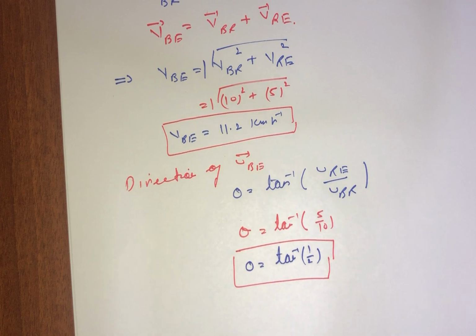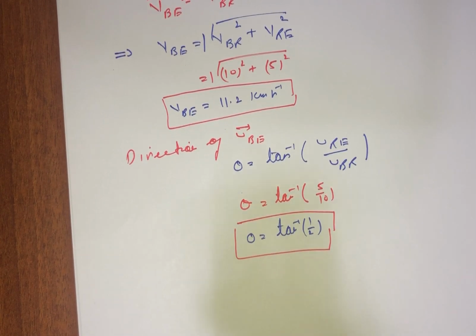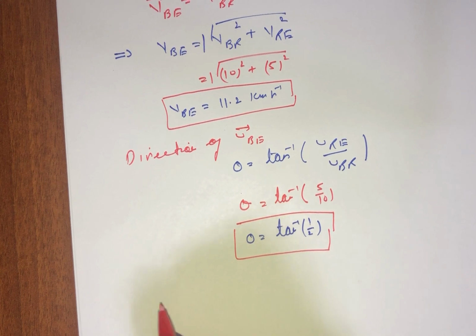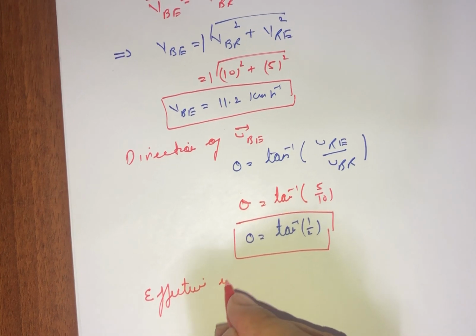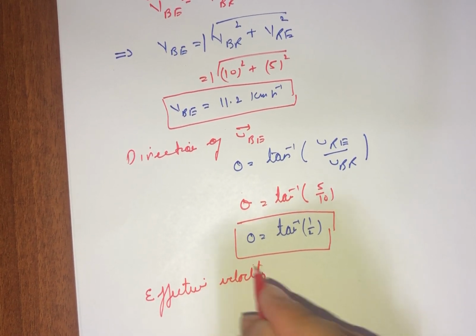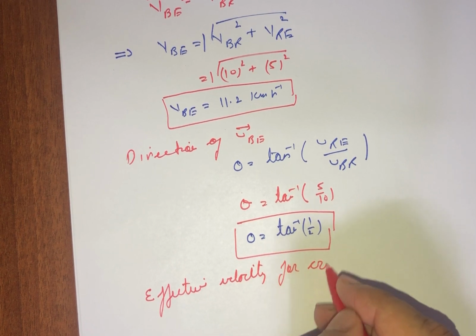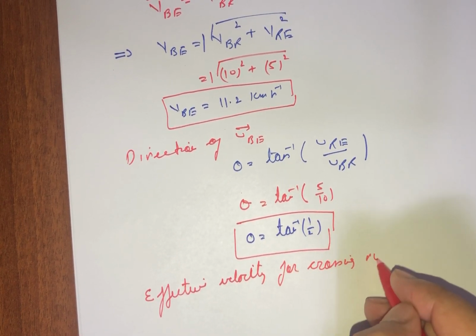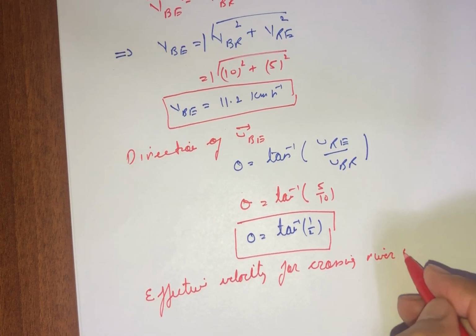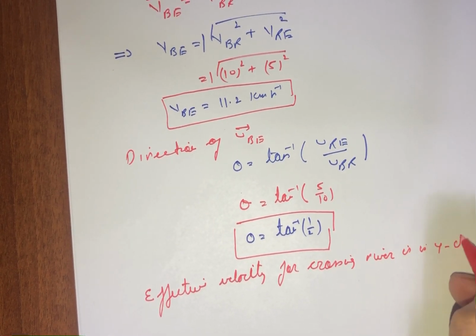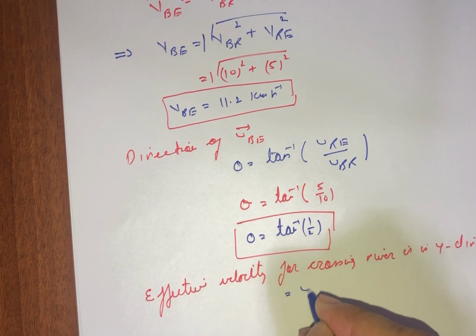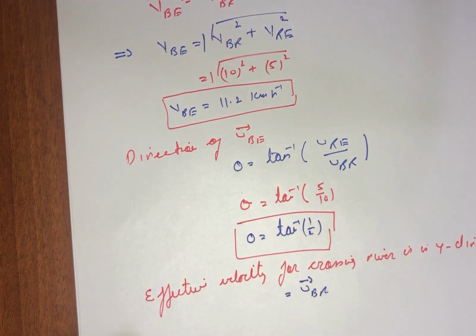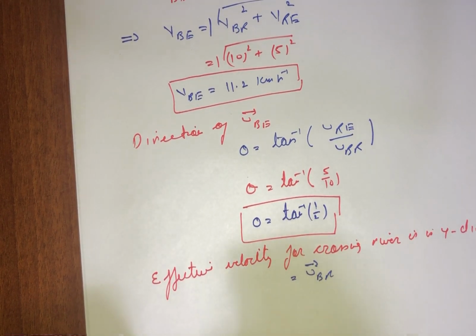Okay, now next we have to find out the time taken to cross the river. We already know that the effective velocity for crossing the river is only in y direction, which is equal to VBR. So based on this we can find out the time.